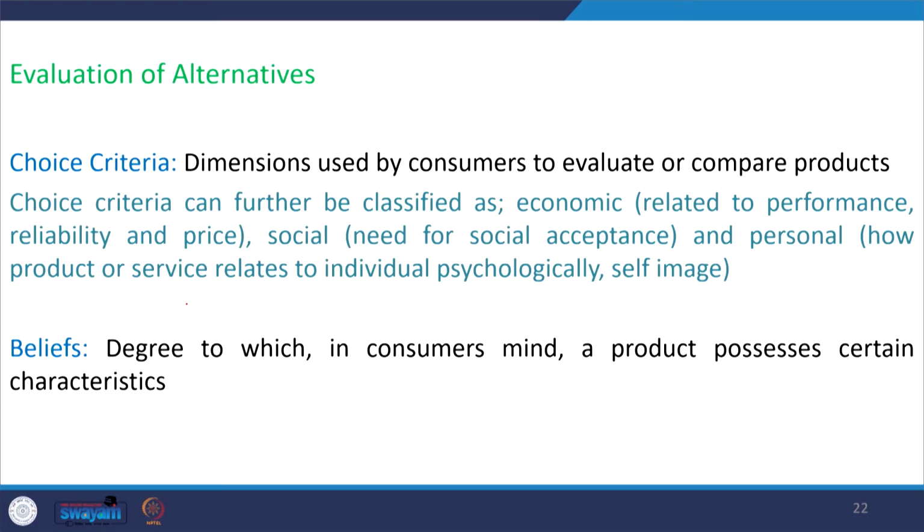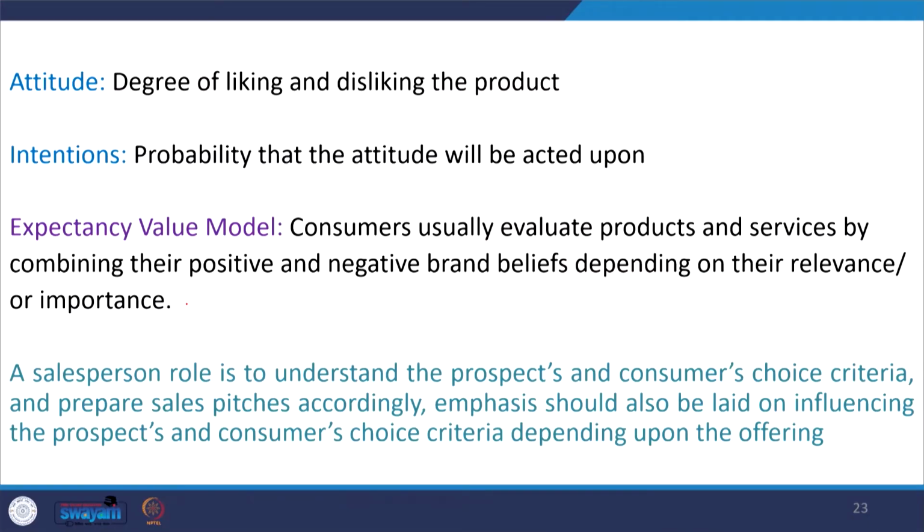Apart from that, with respect to evaluation of alternatives, it is your beliefs that account for a lot. Belief simply means how in your mind you decide whether a particular product or service possesses certain characteristics, right? Because it is all going to be on the basis of what you perceive rather than what actually is. It is also your attitude and intentions which influence your evaluation of alternatives.